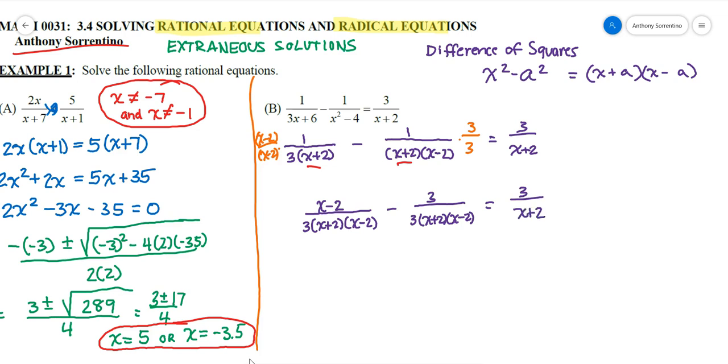I haven't done anything to the right hand side because I already have a single fraction over there. Now I have a common denominator I can carry through the subtraction. So x minus 2 minus 3 for the numerators is going to be x minus 5, over 3 times x plus 2, x minus 2.